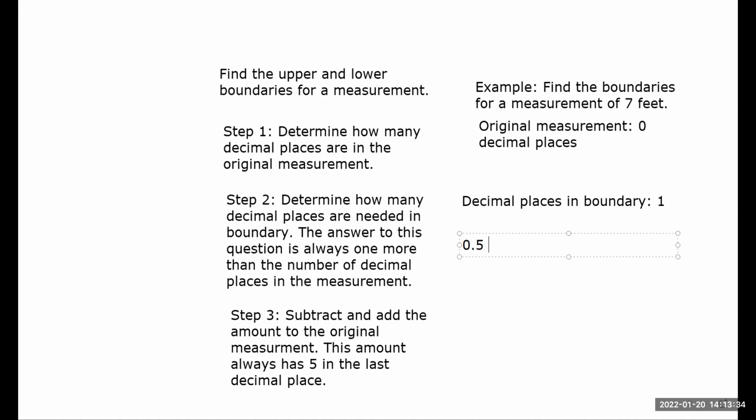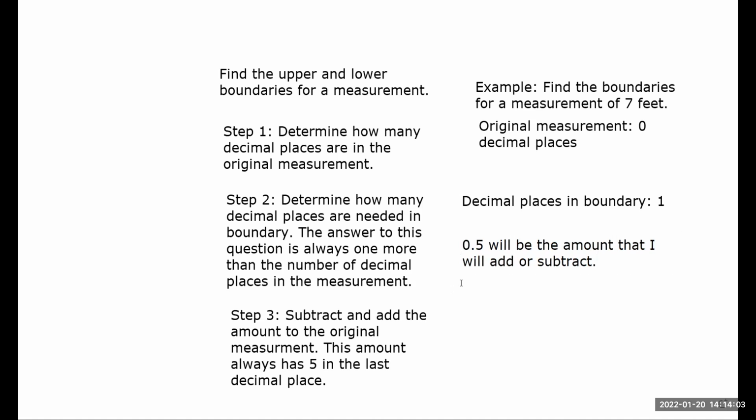So 0.5 will be the amount that I will add or subtract.